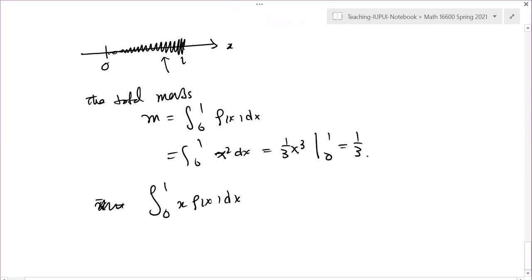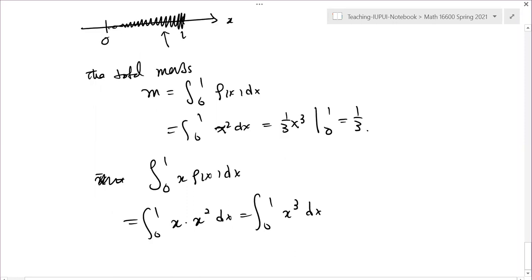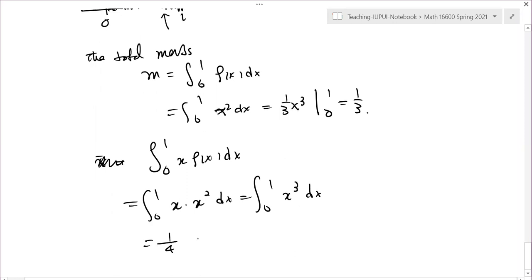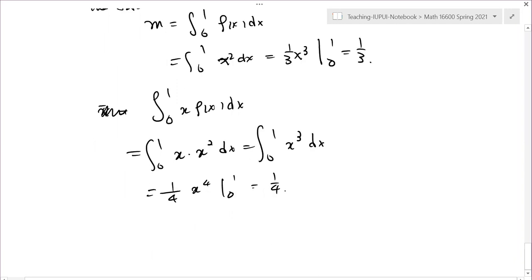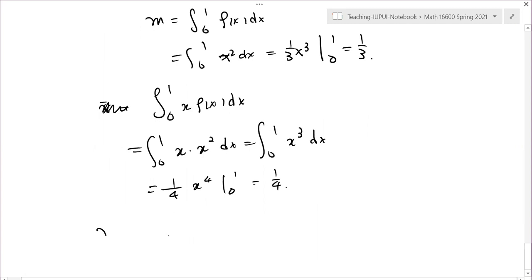So I get x times x squared dx, which is the integral of x cubed. Then I get a quarter of x to the fourth power from 0 to 1, which is a quarter. So the center of mass is 1/4 divided by 1/3, which is 3/4. Yes, it's on the right-hand side, close to 1.